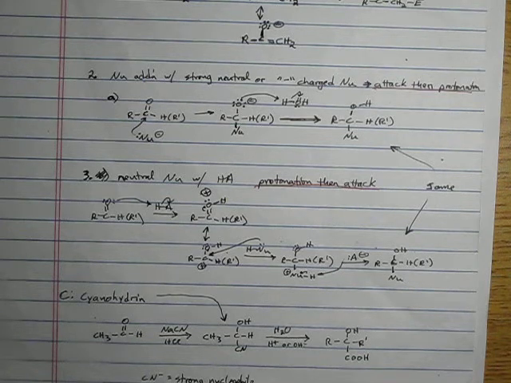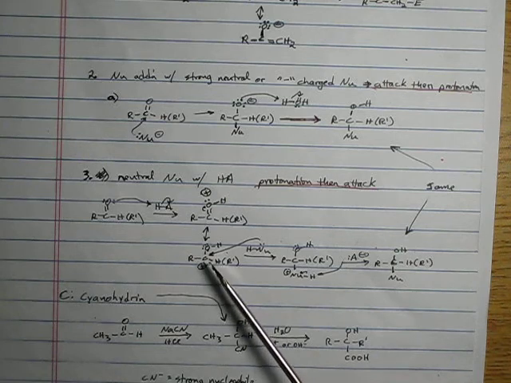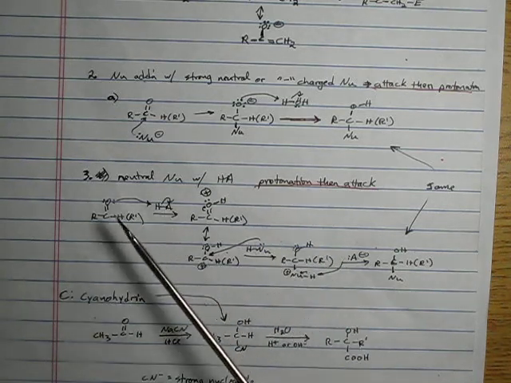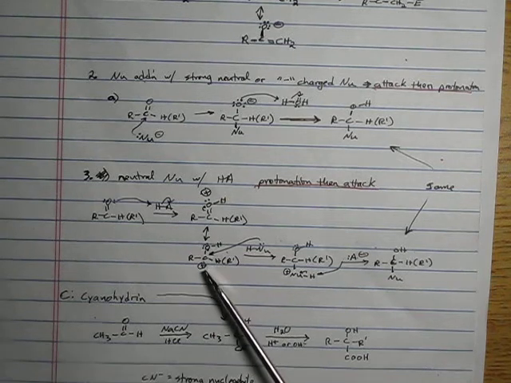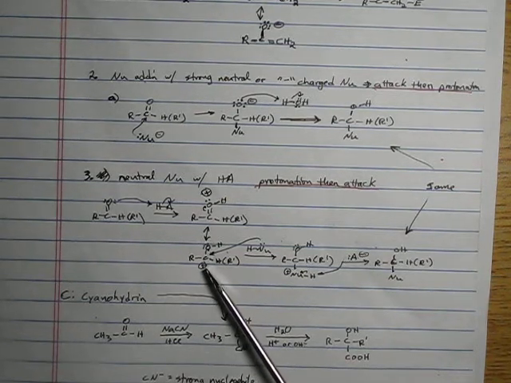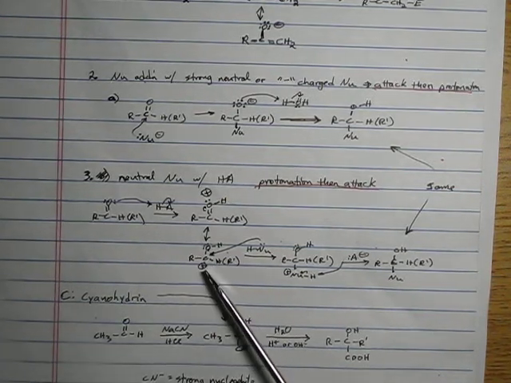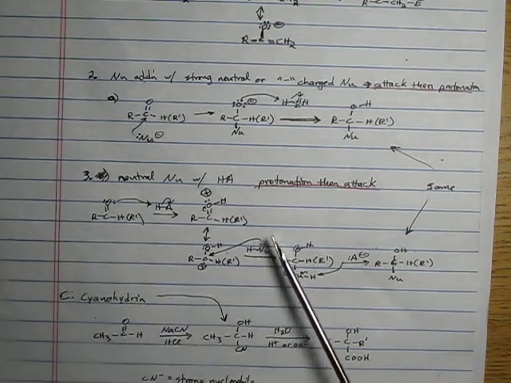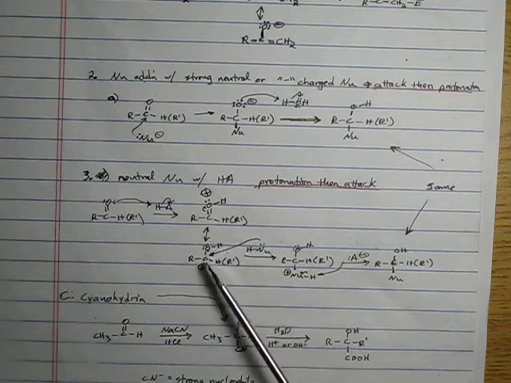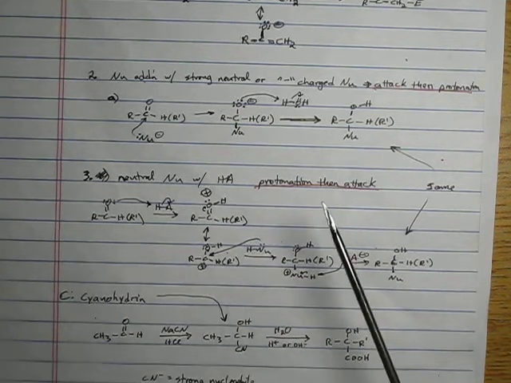So note that this carbonyl carbon, due to our carbonyl attacking that acid, now carries more positive charge. Since our carbonyl carbon has more positive charge now than it did before, a neutral nucleophile is like, okay, I'm all up in that, and I will attack that carbonyl carbon.